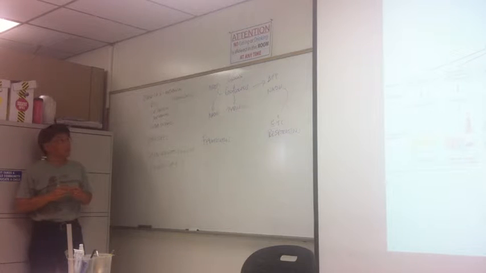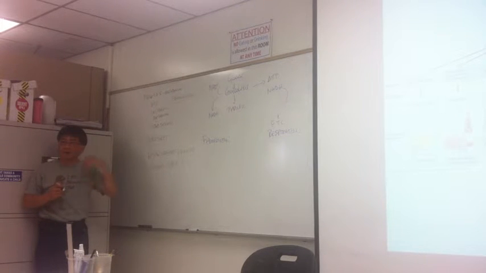What's going to happen as you go through glycolysis over and over again? What's going to happen to the NAD plus? Less. If you do this over and over again, it reduces until it's all gone.